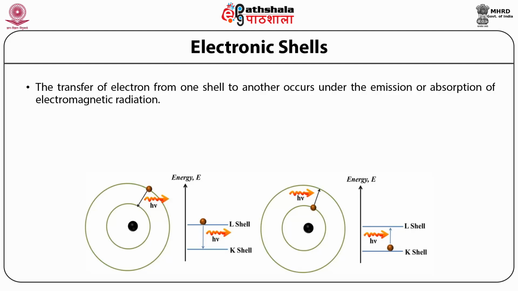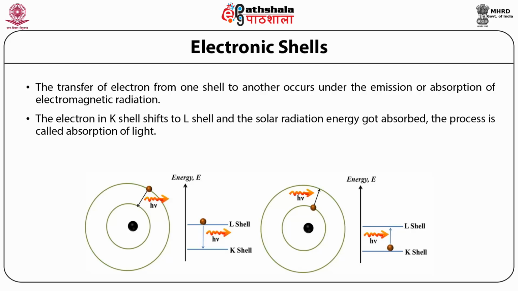As shown in the schematic of the absorption of light, when solar radiation hits the atom, the electron in the K shell shifts to the L shell and the solar radiation is absorbed. This process is called the absorption of light and is shown on the right side of the figure.